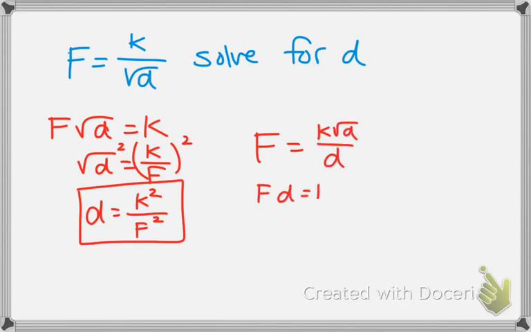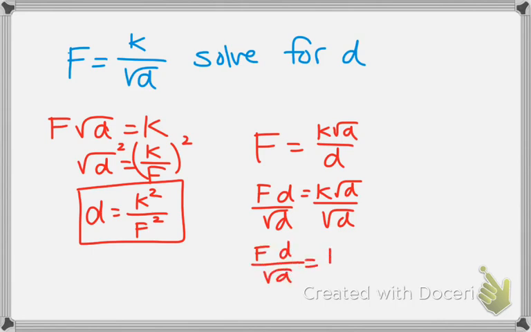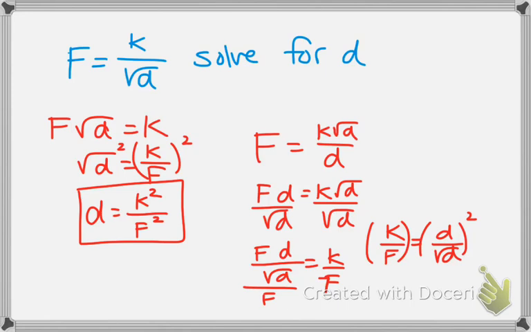So then F D equals K square root D. And then if I divide out the square root of D, then I get F D over the square root of D equals K. Then if I divide by F, I get K over F is equal to D divided by the square root of D. And then if I squared both sides, I would get K squared over F squared equals D squared over D, which would go to D.